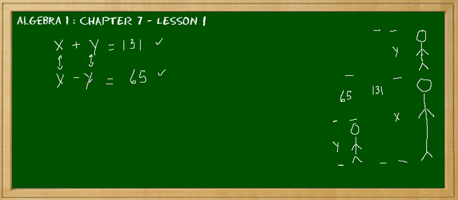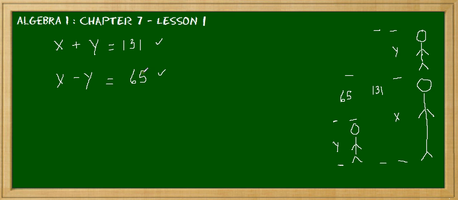We just don't know what they are. So that's why we can call them simultaneous equations, because they are actually in reference to the same thing. In this case, x plus y is going to equal 131, and that same x and y, x minus y, is going to equal 65.